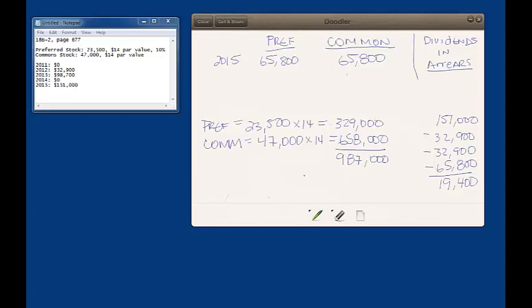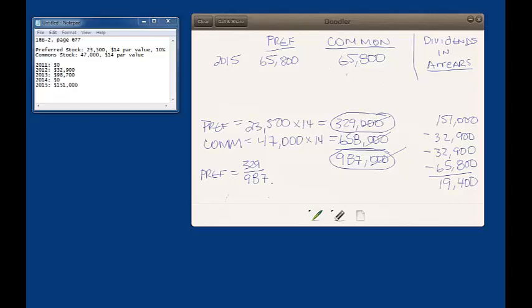So step 4 is to make these into ratios and multiply each ratio by the amount of dividends left to distribute. Okay, so preferred. The preferred ratio is going to be the par value of preferred over the total par value. So 329 over 987. Now you can just throw away these zeros.